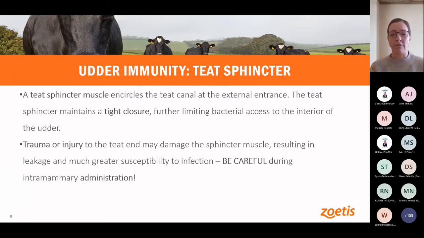So be very careful when you are administering intramammary drugs that you don't damage that teat end, because that could lead to damage of that sphincter muscle, right? So have a look. I know we have some products where instead of a full insertion, you can use partial insertion, and just have a look at your technique when you are administering intramammary drugs.